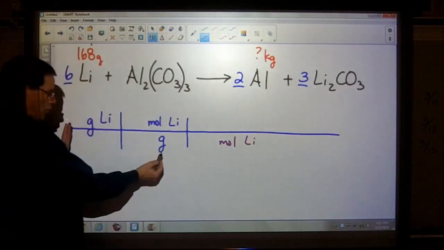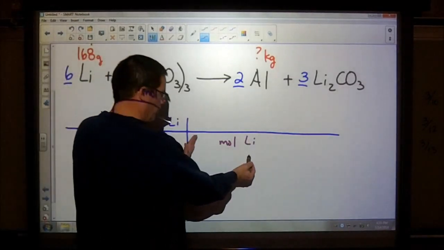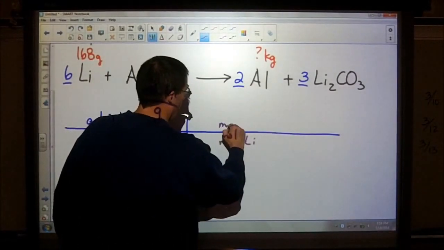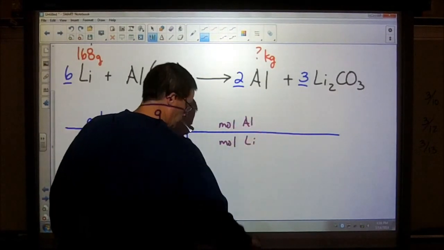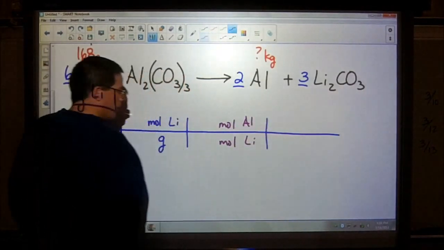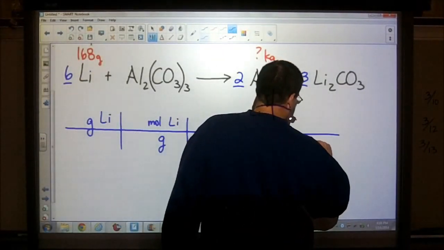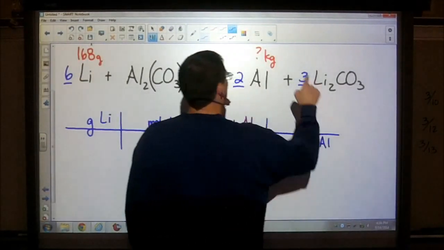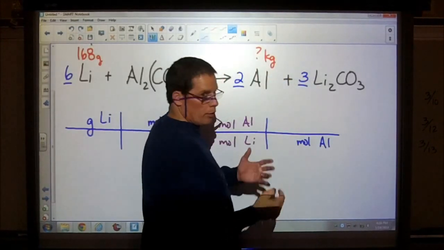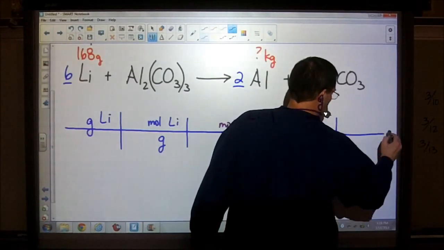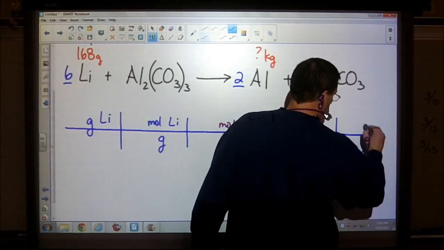Okay, so again, that's all step 2. So now we're into step 3. We're going to get rid of moles of lithium and go to moles of aluminum. Now we're going to get rid of moles of aluminum and go to kilograms. So we got to go to grams first. So grams of aluminum. And then one more step, grams into kilograms.